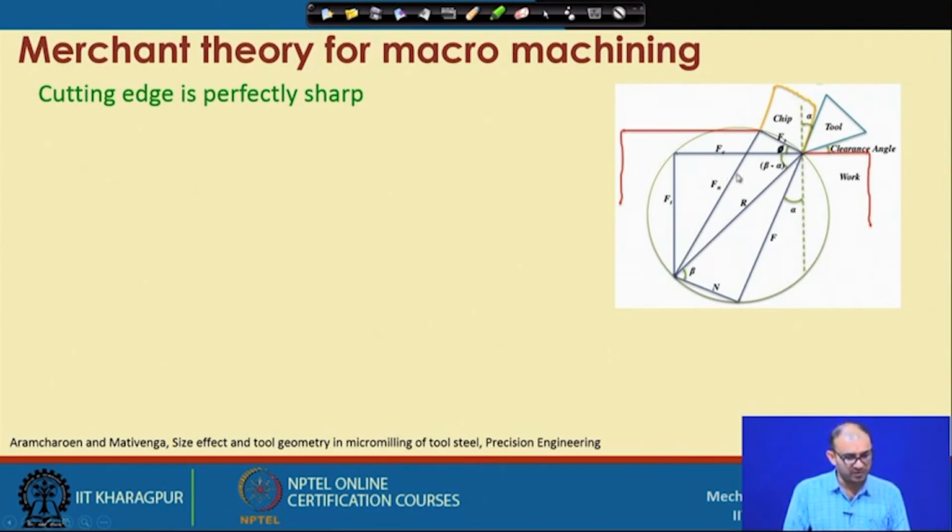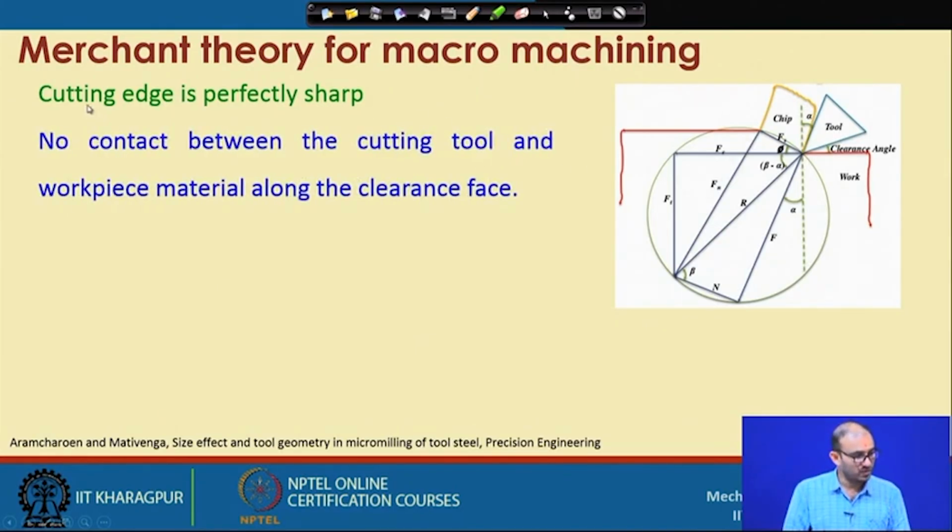Before we do that, Merchant noted some of the assumptions on which this theory works perfectly. There is no contact between the cutting tool and the clearance face of the workpiece. The tool contact is at this location only, but no contact here.